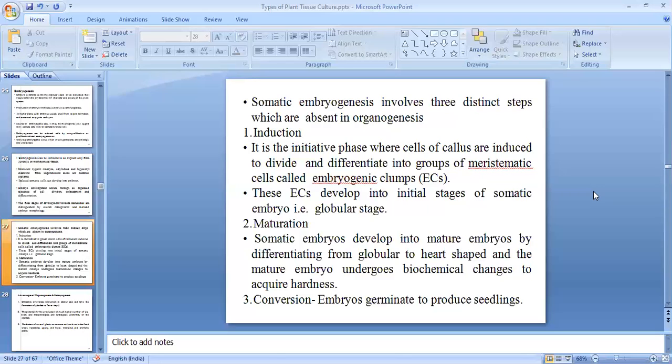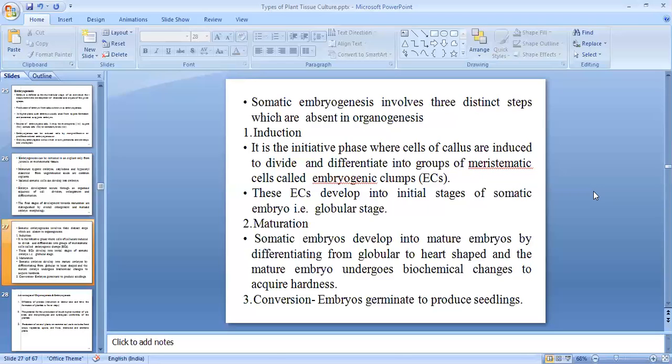And next one is the conversion. In this stage, the embryos germinate to produce seedlings. Understand? So these are the three different stages in somatic embryogenesis, which is not happening in organogenesis.